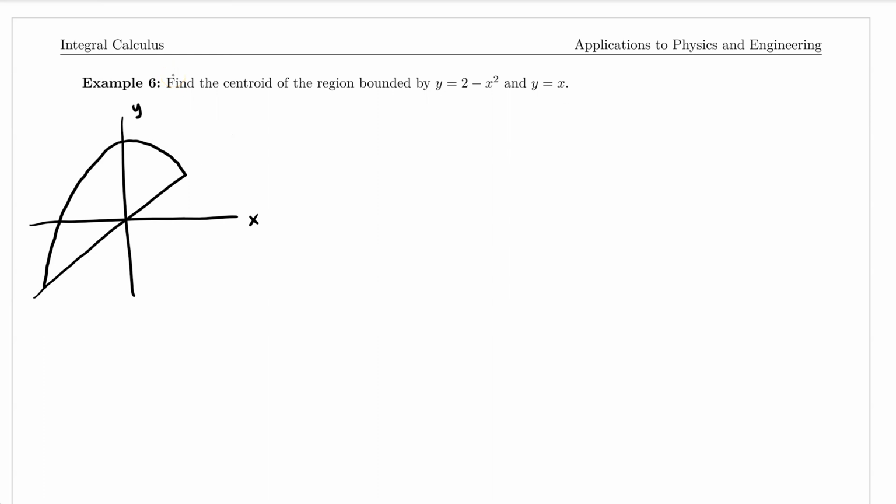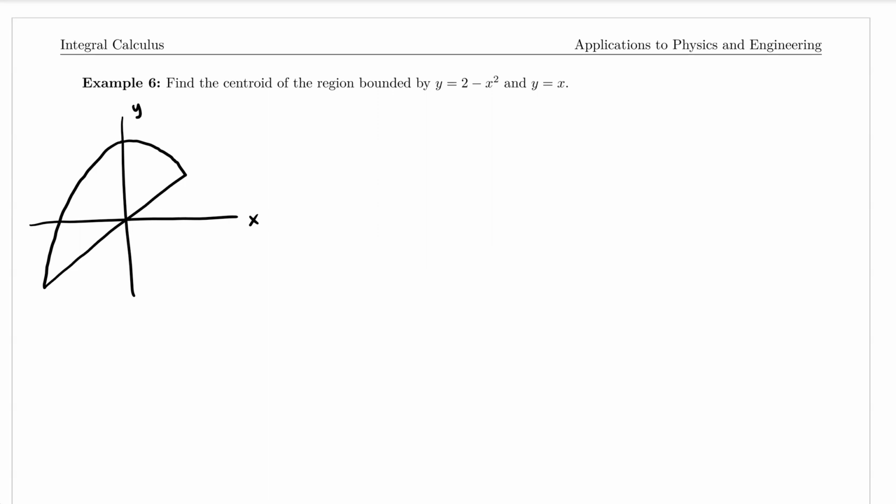I'm going to get rid of some of my line here, and the region that we are looking at looks something like this. Now, again, that's not a rectangle, so it's a little bit more challenging to figure out where our centroid is.